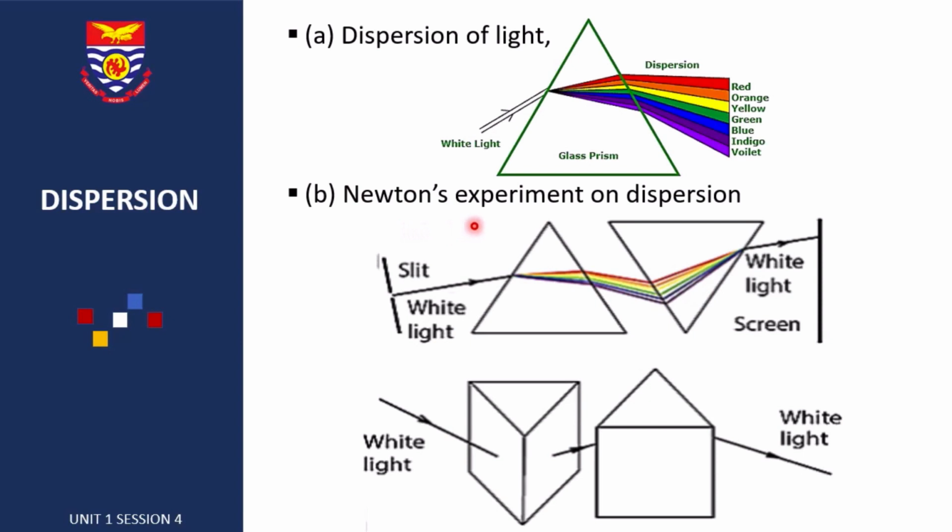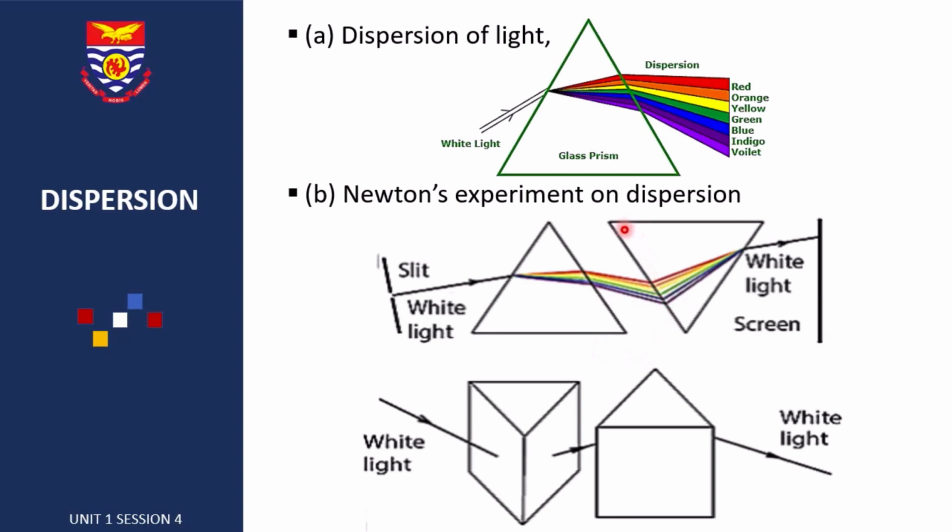So let's look at Newton's experiment on dispersion, where a slit is placed here. So we have a white light here, a slit here, and we had a very narrow beam that is going to pass through a prism. All the light is dispersed here from red to violet.